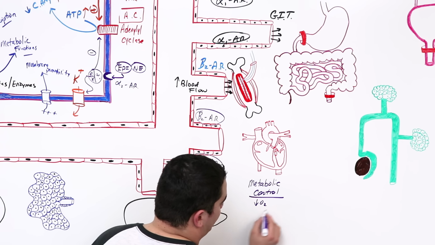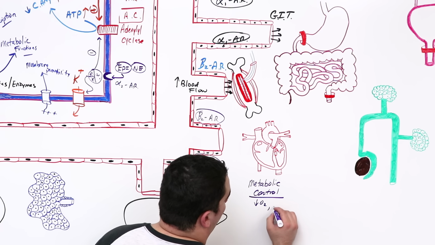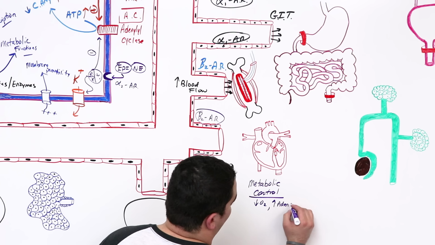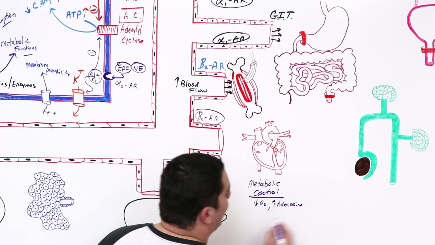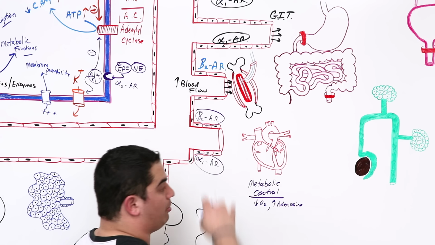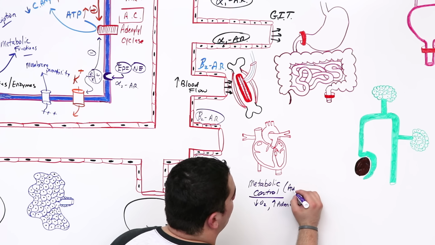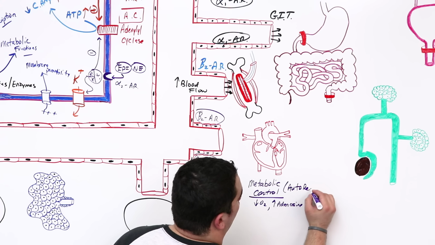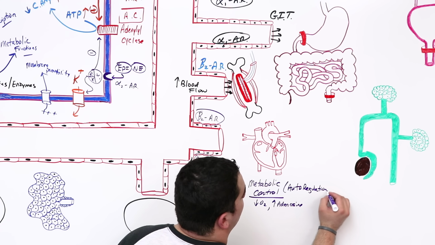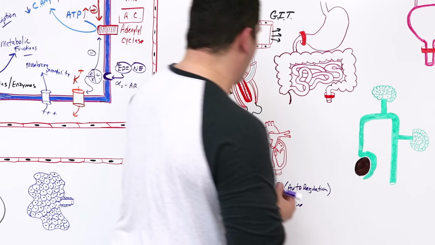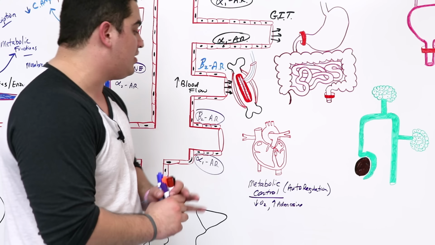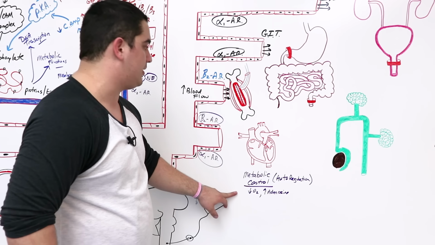If there's some type of situation like a decrease in oxygen or an increase in what's called adenosine, these things can actually dilate the blood vessels. Because of that, they have what's called autoregulation. In other words, they can regulate their blood flow on their own based upon different types of metabolic substances.